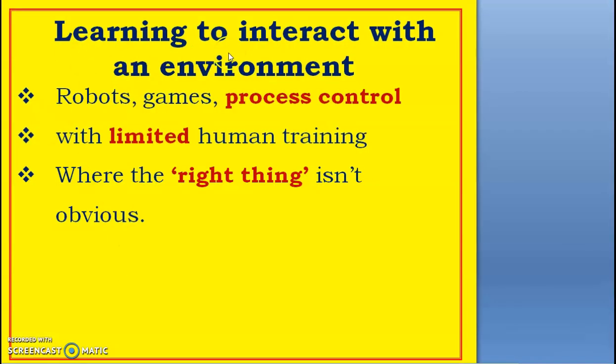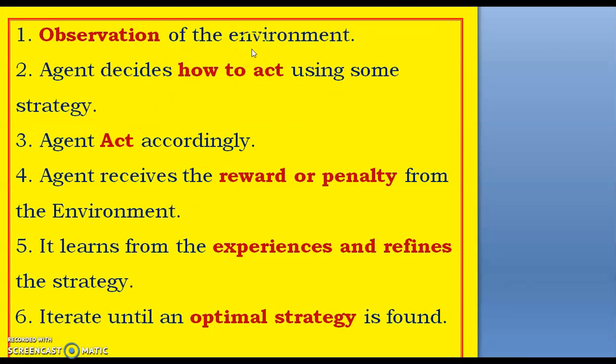Here the learning is to interact with an environment. So we have robots, games, and process control with limited human training where the right thing is not obvious. Here the environment does the observation activity, so it is the observation of the environment. As per the observation of the environment, the agent decides how to act using some strategy.